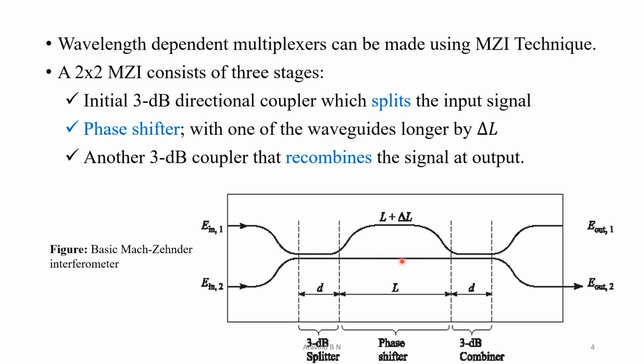The lower waveguide has a length of L, whereas the upper waveguide has an additional length, L plus delta L. This additional length creates a phase shift at the end. Then after a distance d we have the 3 dB combiner. Related to this, we are going to identify the length delta L through a derivation.